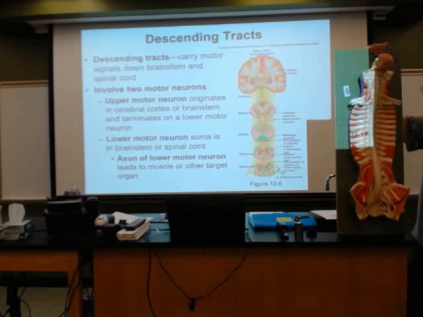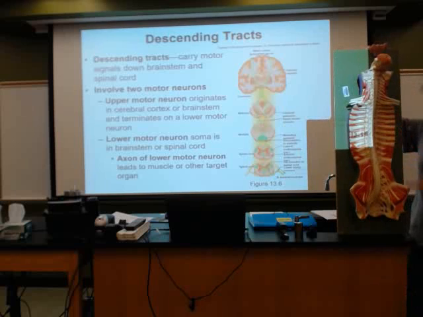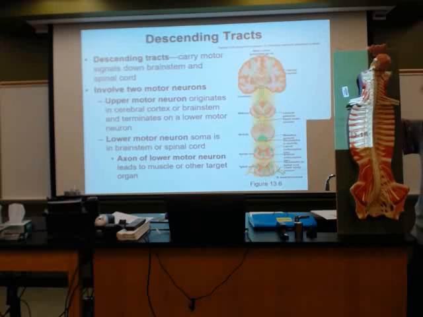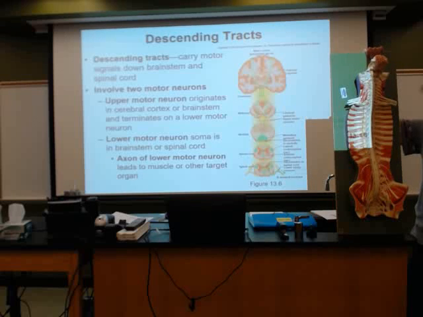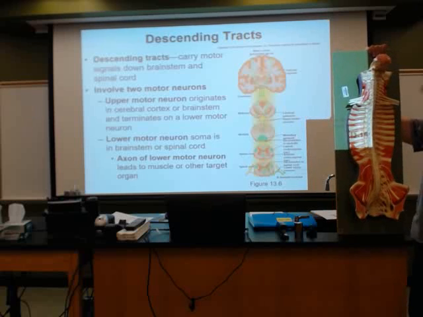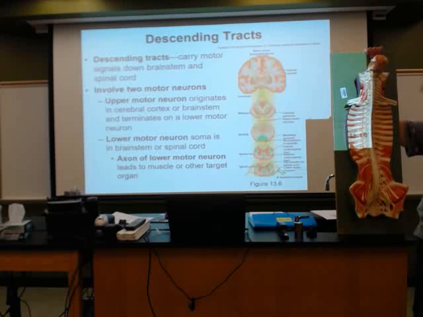If the response terminates here or somewhere in my spinal cord, does that give me everything that might be that response? Or does the response still need to be carried out? It's still going to need to be carried out. So that tells me it's going to involve my spinal nerves.